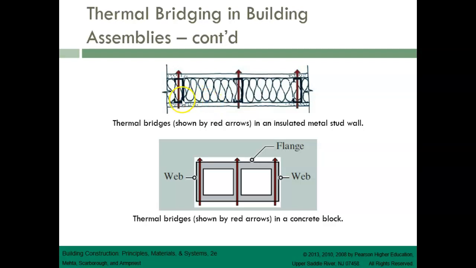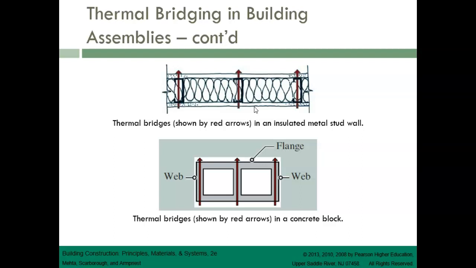So if I have a bunch of metal studs, which we would in a typical metal framed wall, those studs would represent thermal bridges, and they would be conductors rather than insulators. Same thing with a block wall.